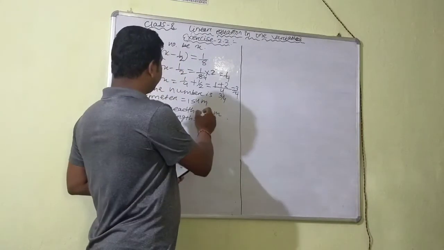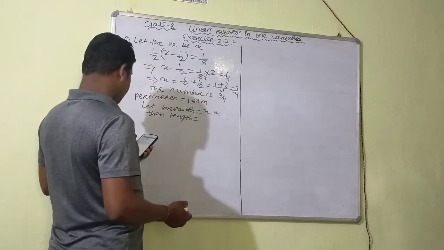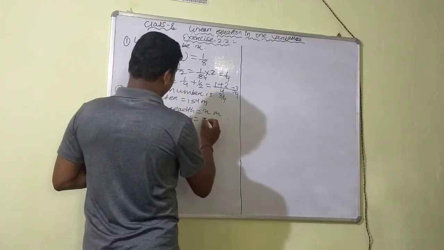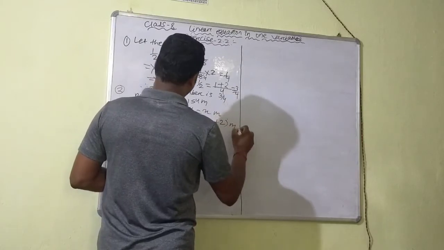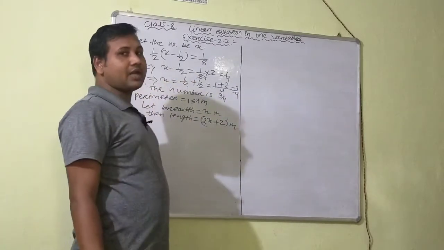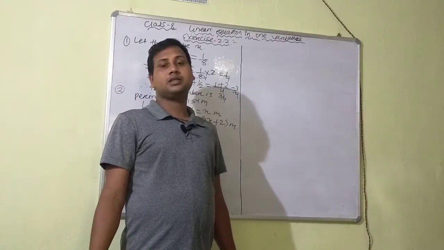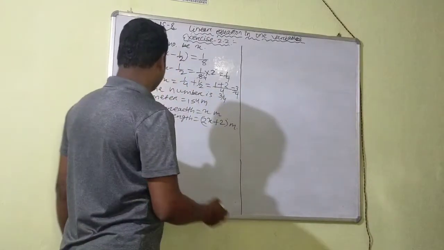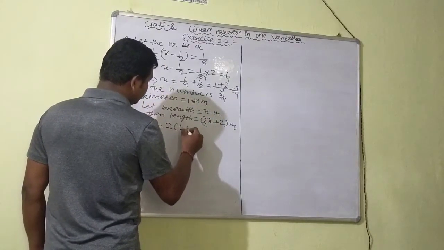If breadth is x, then 2 more than twice its breadth, that is 2x plus 2 meter. Okay. We know the perimeter formula of a rectangle, that is 2 whole of length plus breadth. Now we write down perimeter P equal to 2 whole of L plus B.